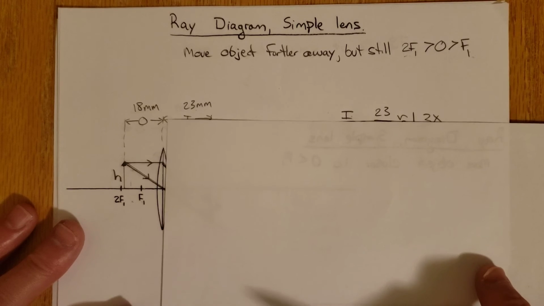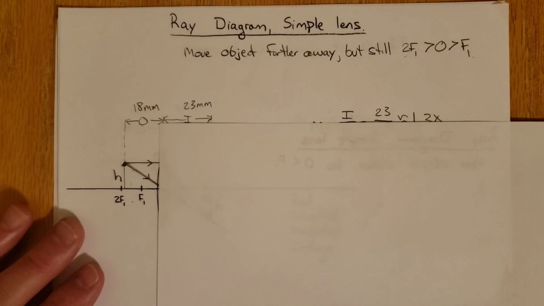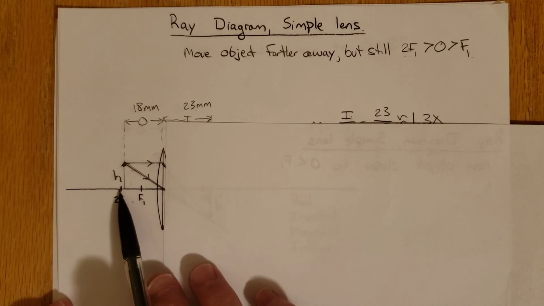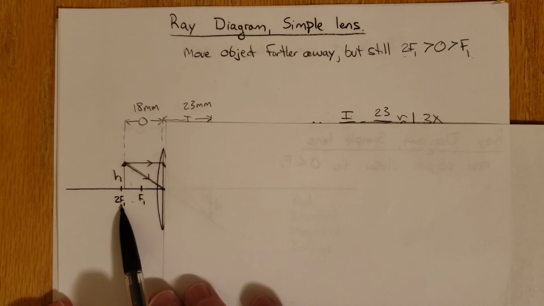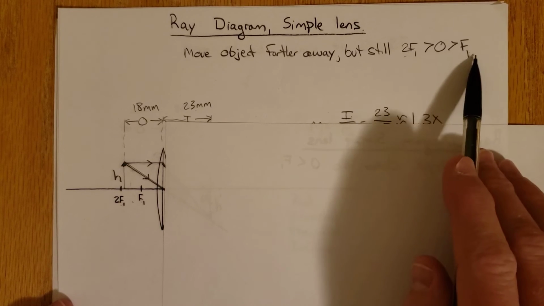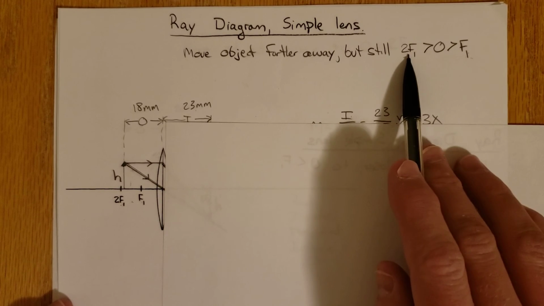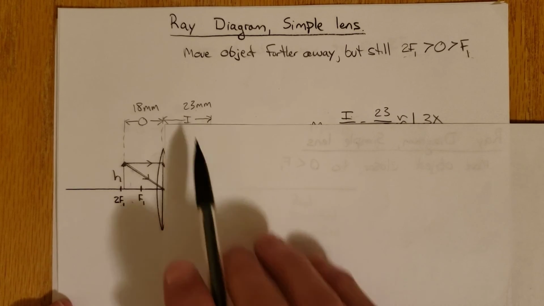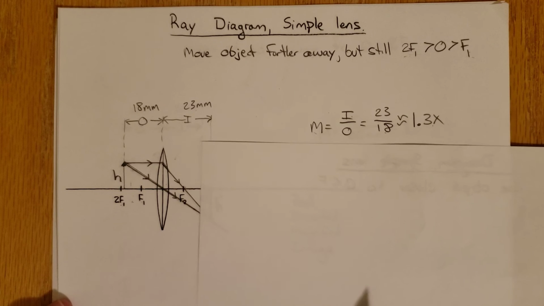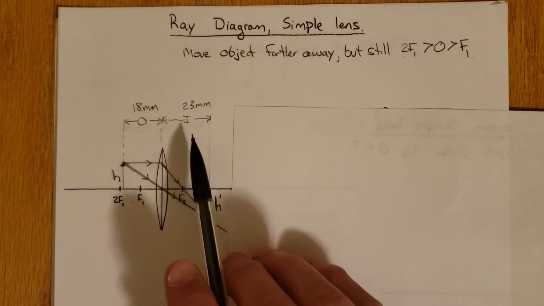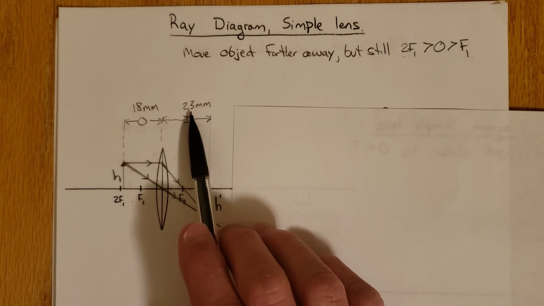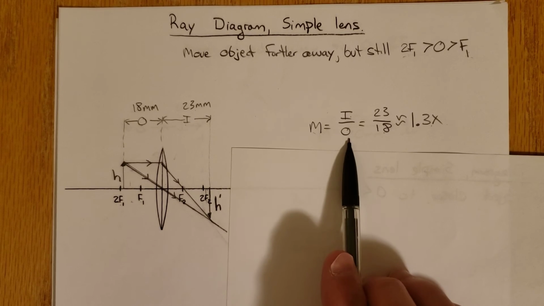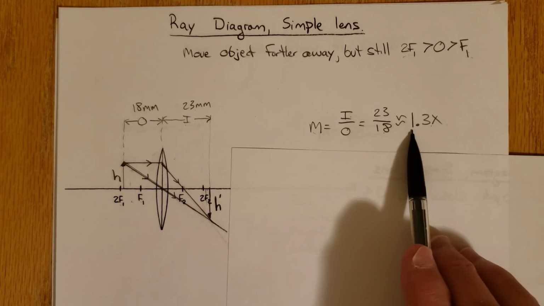You may remember that our original object distance was 13 millimeters, and now I've moved it back to 18 millimeters, closer to 2 times the focal length, but still between f1 and 2 times f1. And I've already given it away: if we draw our ray diagrams, my image distance becomes 23 millimeters, and the magnification, I over O, becomes 1.3.